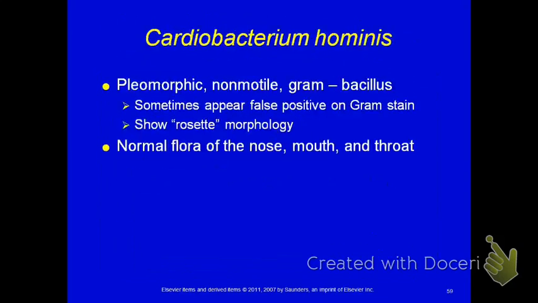Then Cardiobacterium hominis is another pleomorphic non-motile gram-negative bacillus. Sometimes it appears gram-positive on gram stain, but they are indeed gram-negative. They have the capability of showing rosette morphology, and Cardiobacterium hominis is a normal microbiota of the nose, mouth, and throat.